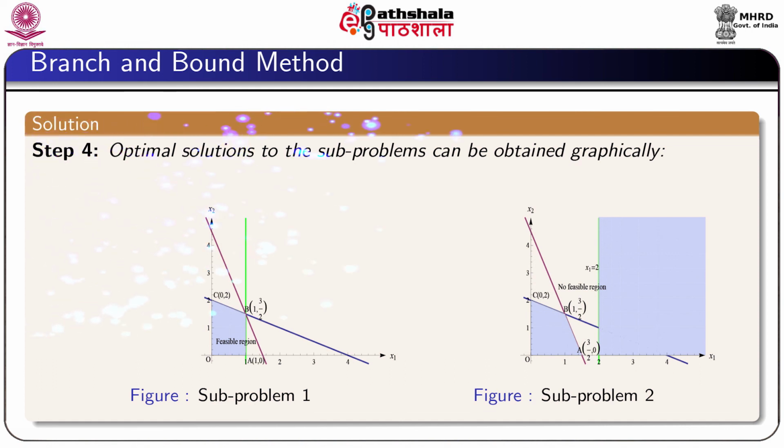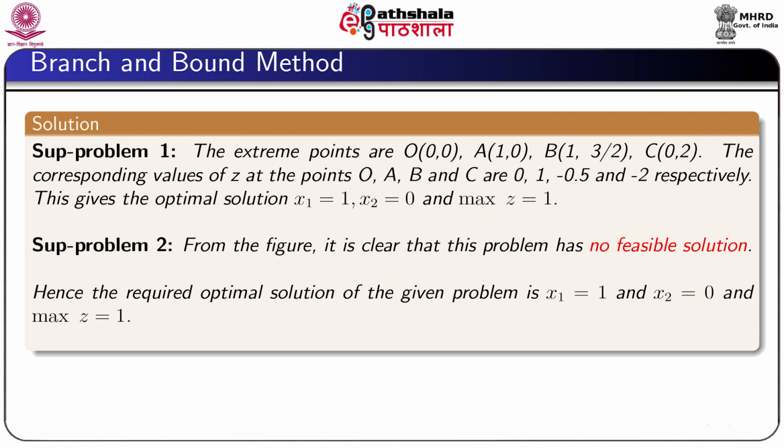Since we are not getting any feasible region for subproblem 2, we get no feasible solution for subproblem 2, whereas for subproblem 1 we get the optimal solution from the extreme points as x1 equal to 1 and x2 equal to 0, and the corresponding value of z is equal to 1.